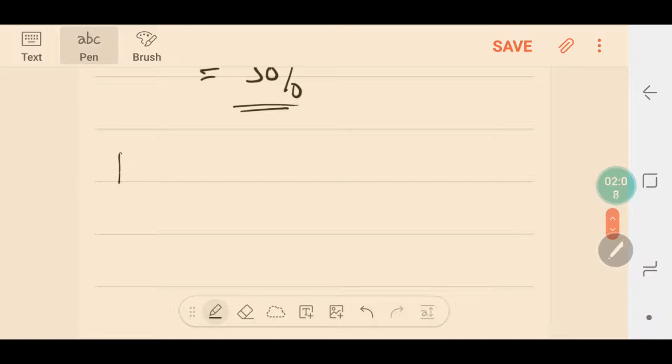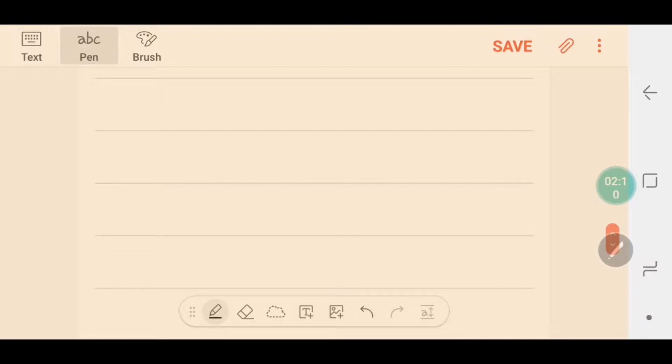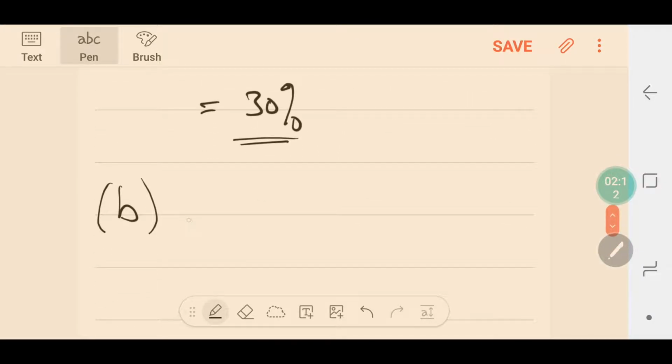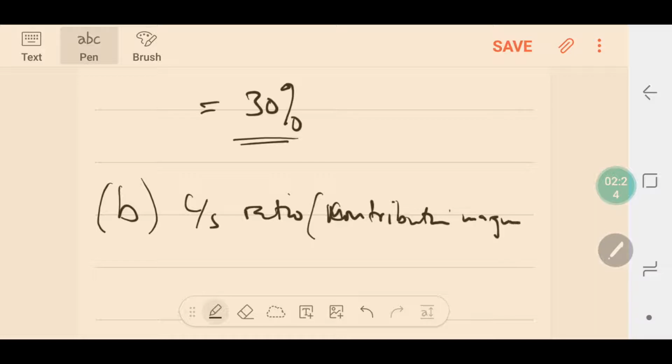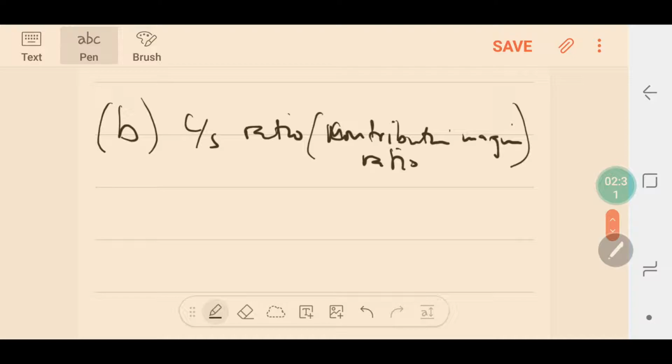In part B, we've been asked to calculate the CS ratio, which in other words we call the contribution margin ratio. So when you see CS ratio or contribution margin ratio, it means the same thing. Also, we have been asked to calculate break-even point in units.